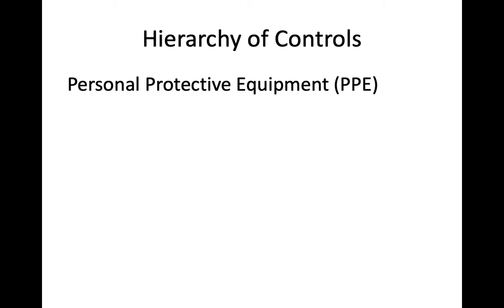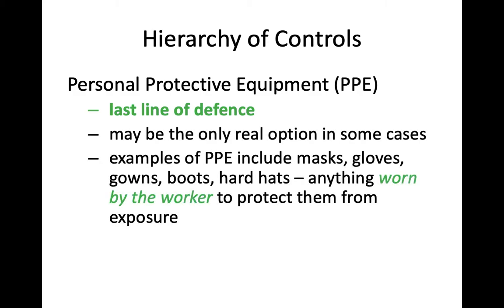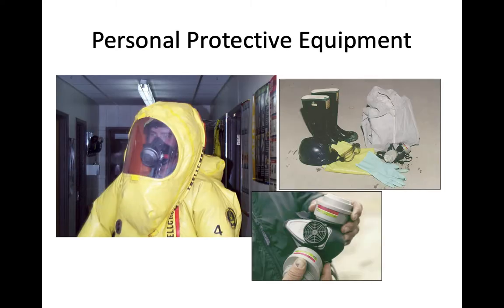Lastly, personal protective equipment. We usually consider this as the last line of defense, and sometimes it may be the only real option in some cases. Some examples of PPE would include masks, gloves, gowns, boots, hard hats, anything worn by a worker really to protect them from an exposure. So you can see in this example, a person wearing a full hazmat suit and a non-rebreather type of mask.